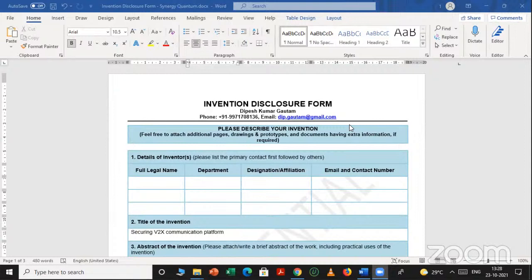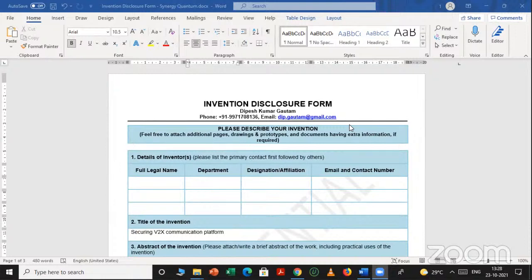Only 10%, and I'll say mostly IITs file the patent related to the research they're doing currently. So IDF is a very essential part of the patent filing procedure that we are going to talk about.